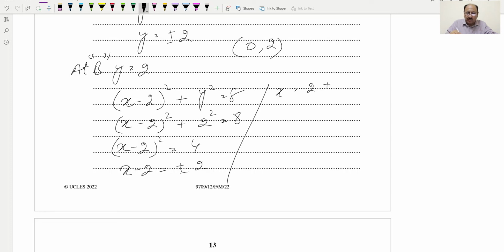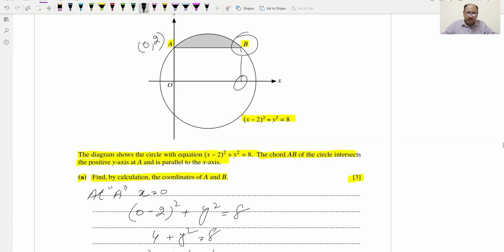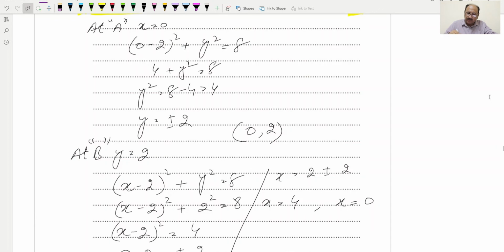So x value can be 4 and x value can be 0. In this case x value is not 0 for B, so we can say this is 4 and y value will be 2. So this will be the coordinates for B. So A and B we found.